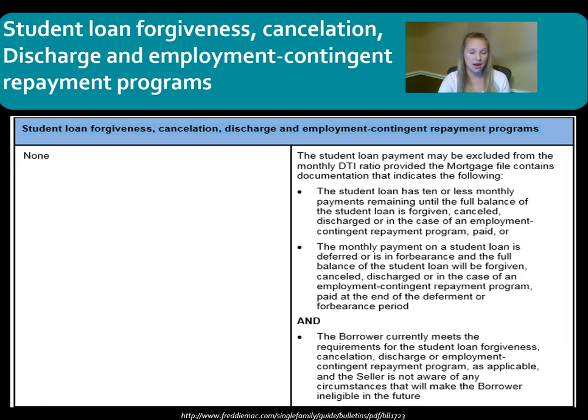Now you're going to see three different areas that we can choose from to help us out with making this a simpler process. So here we see the options being 1, if the loan has 10 or less payments, you do not need to include that into the debt to income ratio.